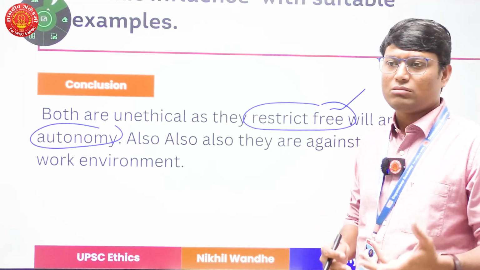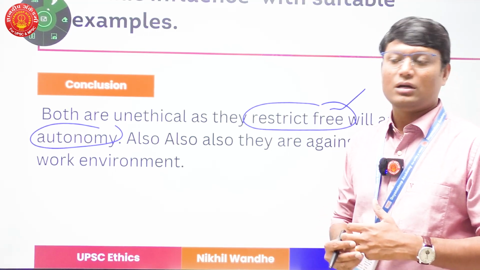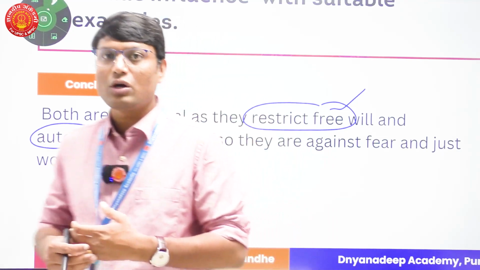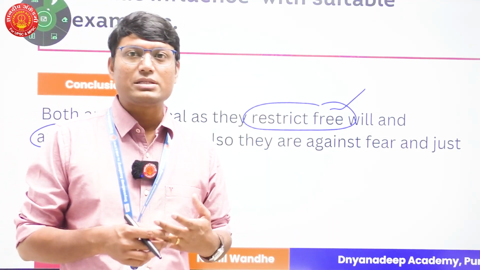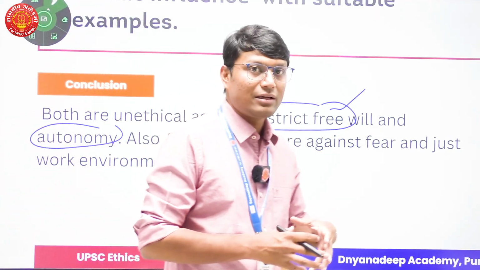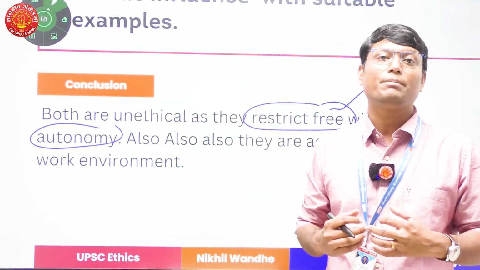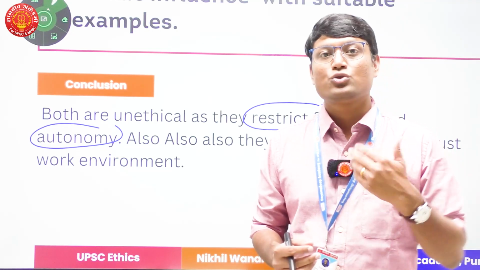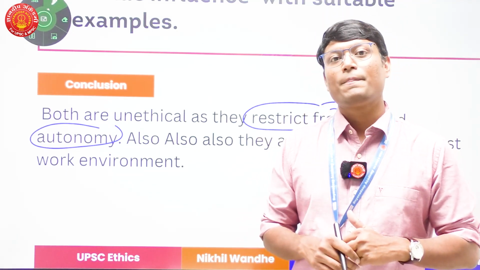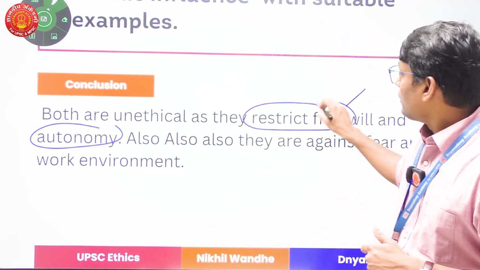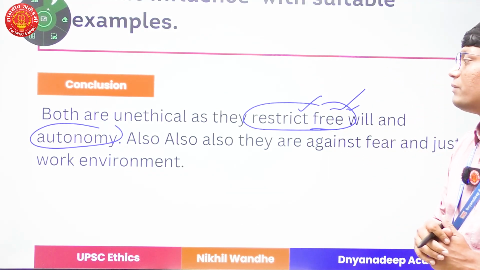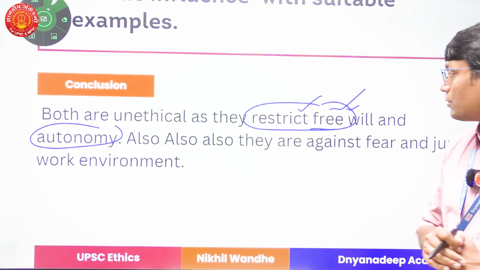So in coercion, you are not acting with free will because you are being threatened. In undue influence, again, you are not acting of free will because now you are under some pressure, under some obligation to provide some benefits to your seniors. Fine. So there is a lack of free will, there is a lack of autonomy.